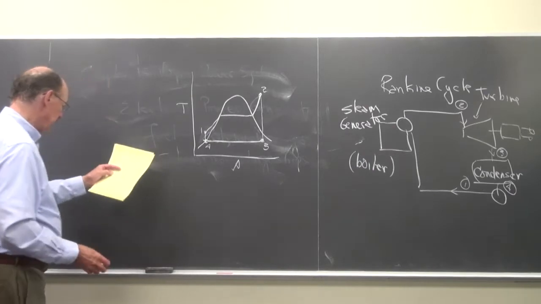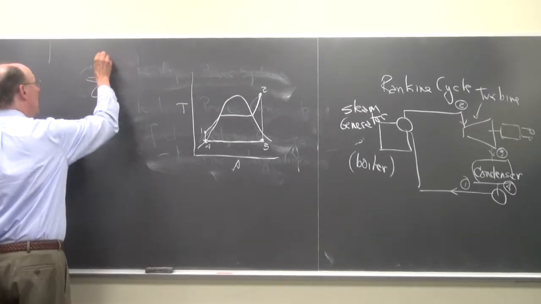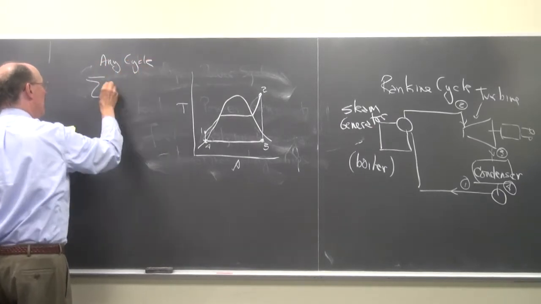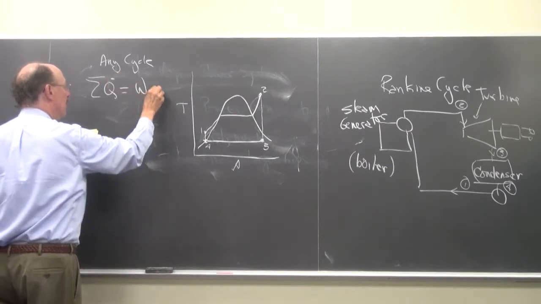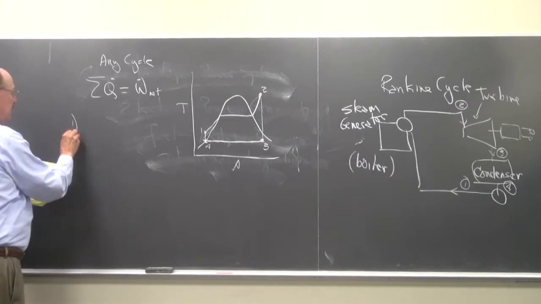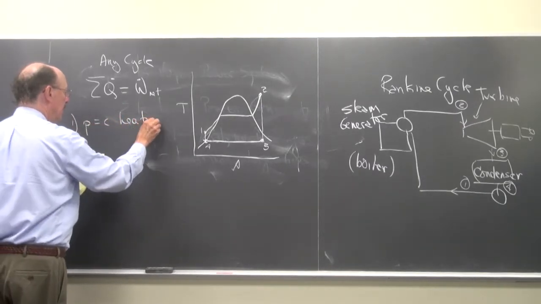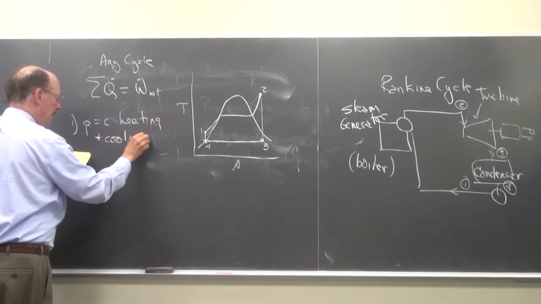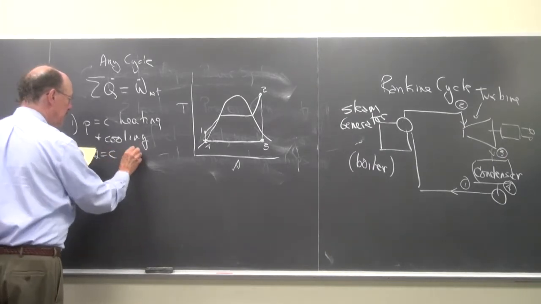And what we built into this is for any cycle, we have that sum Q is equal to W net, or with the power produced. And this cycle is P equals C, heating and cooling. S equals C, expansion and compression.